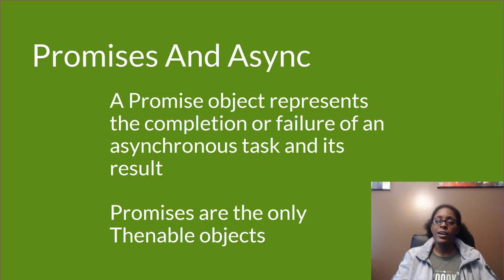Well, you can chain on the next promise that does an API call based on the data you got back. That's what thenable objects are good for. Some of you might have worked with jQuery and heard about deferreds. A promise is really similar to a deferred, but we don't use deferreds or really jQuery very much anymore.